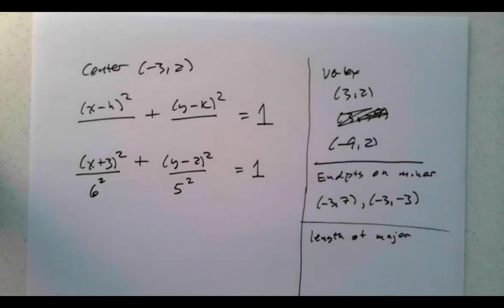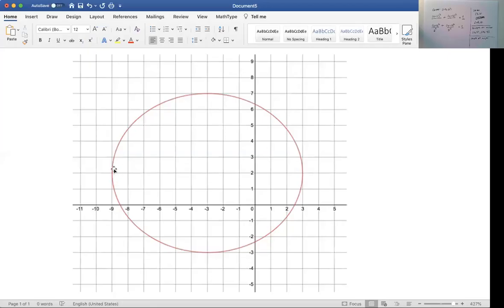The span was 6, so the length of the major axis should be 12. We can count it if we like: 1, 2, 3, up to 12. Length of major axis is 12. Length of minor axis, count it: 1, 2, 3, 4, 5 and 1, 2, 3, 4, 5. Length of minor is 10.